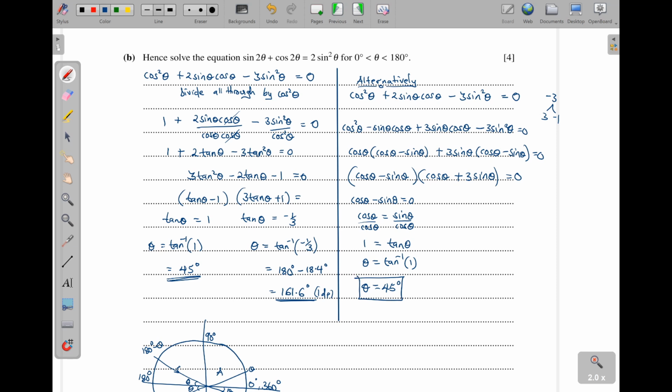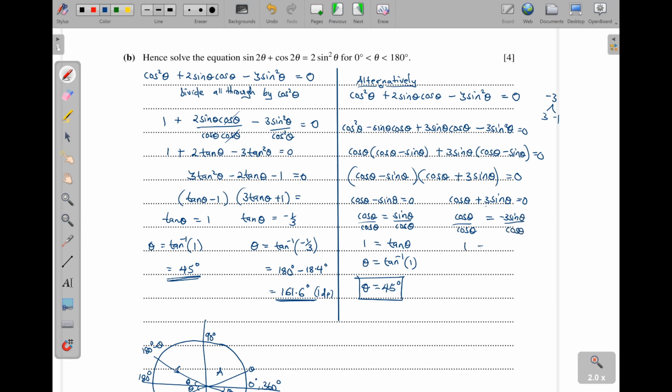Then we also got the other one, cosine of theta plus 3 sine of theta is equal to 0. We can divide all through by cosine of theta. Let me take this on this side. So we have -3 sine of theta divided by cosine of theta.